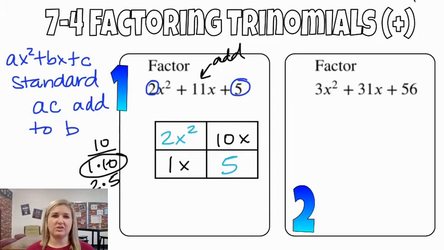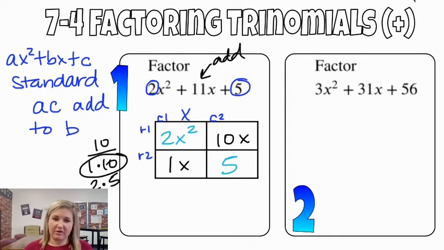Find the greatest common factor of each vertical boxes or columns, and then rows, horizontal. I'm going to call this column 1, this is column 2, and this is row 1, and this is row 2. The greatest common factor of column 1 is just x. There's not a number that goes into 2 and 1 that's bigger than 1.